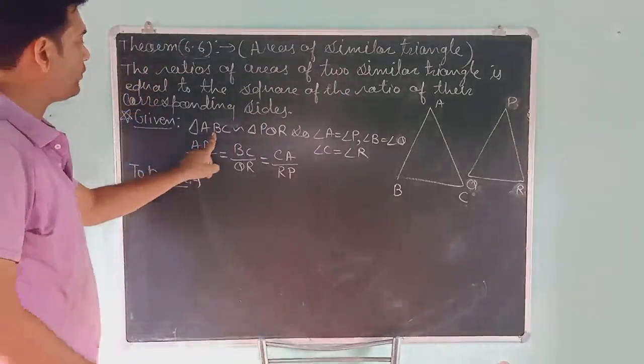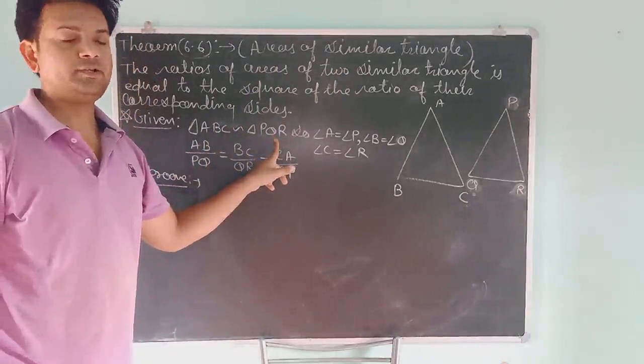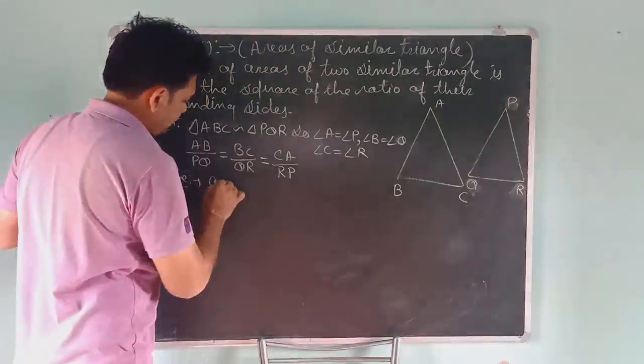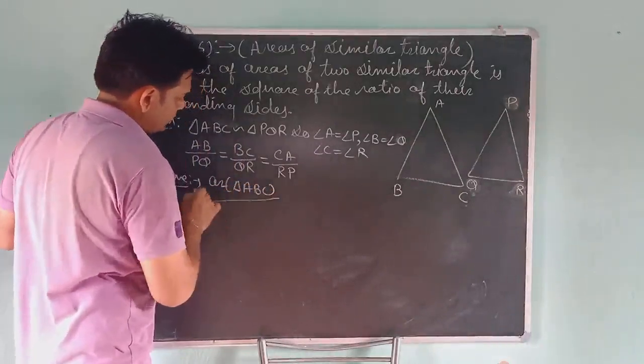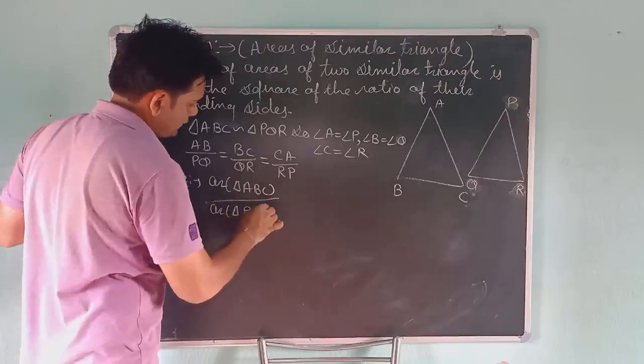That means area of ABC and area of PQR, we will take in ratio: area of triangle ABC upon area of triangle PQR.